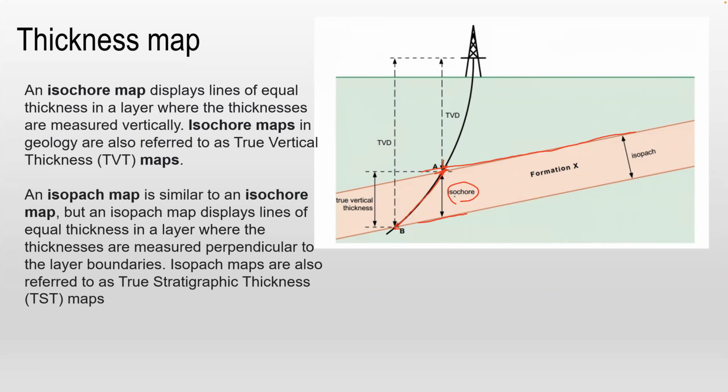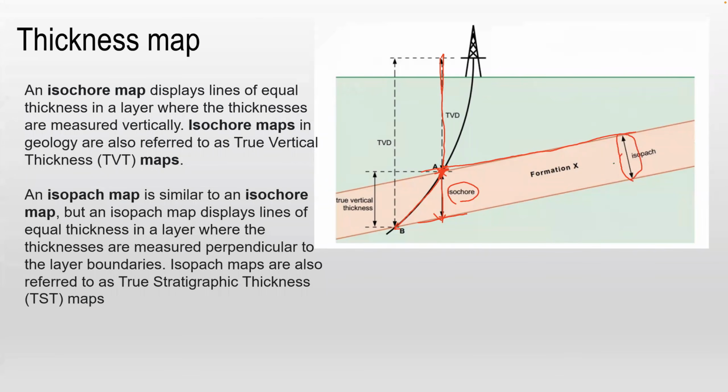For example, isocore. When we say isocore, it means that this is the true vertical depth. If you have a well, through its vertical, it's the depth from here to this part. But the true vertical thickness of the reservoir is here.